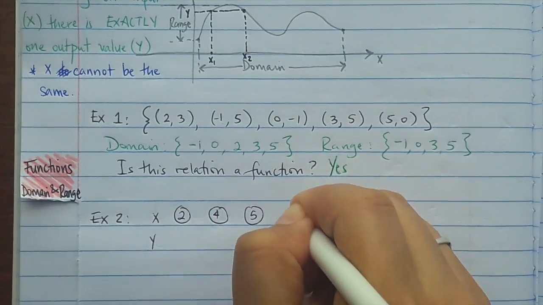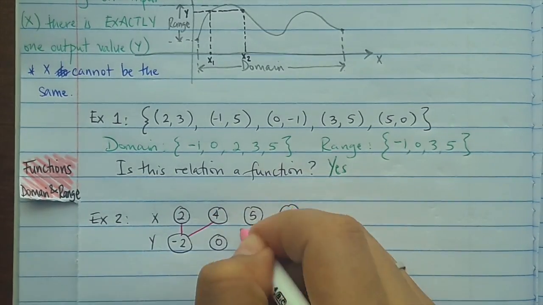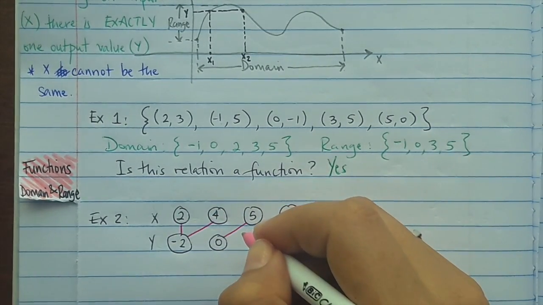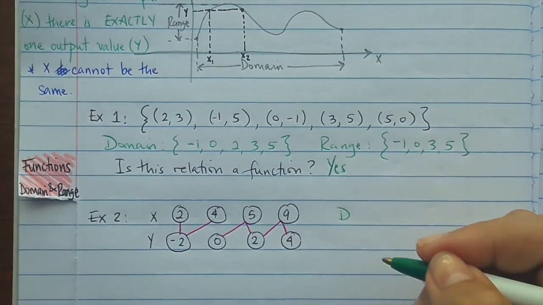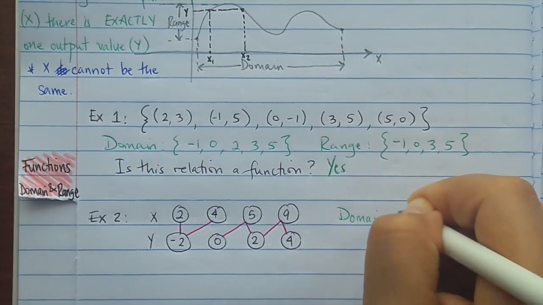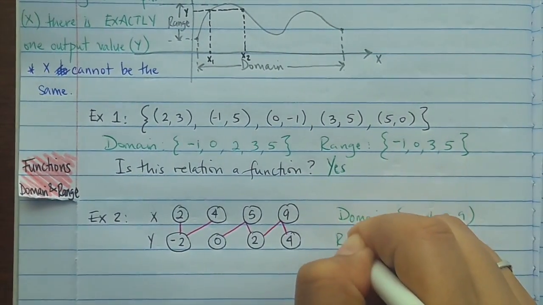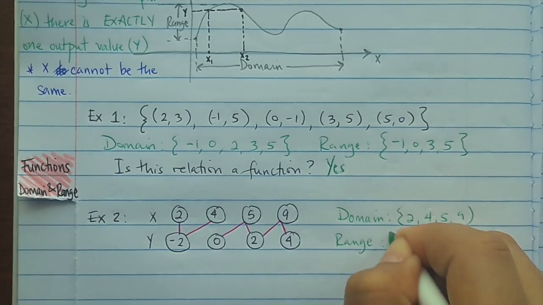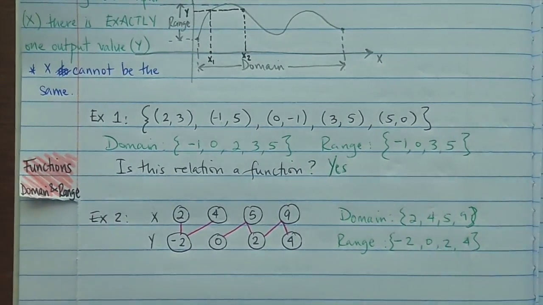Let's look at a different example. Let's say they give it to you looking like this. The domain would be all your x values, so we're looking at 2, 4, 5, and 9. The range will be -2, 0, 2, and 4, all your y values. Then see if this is a function.